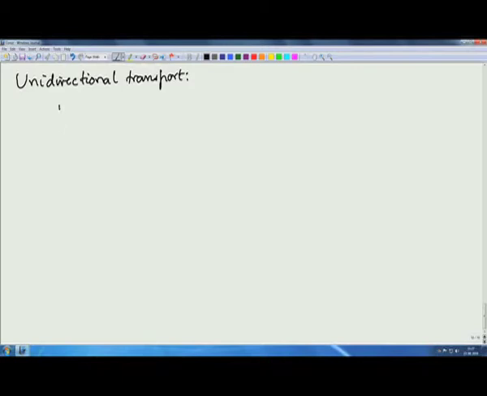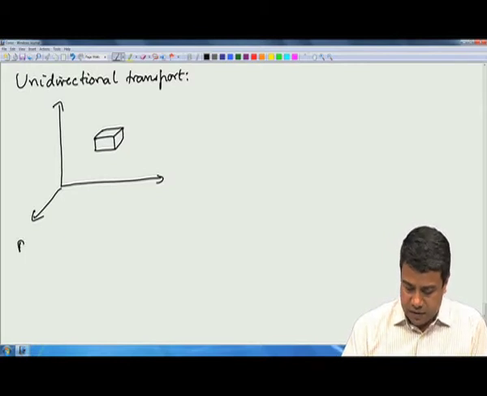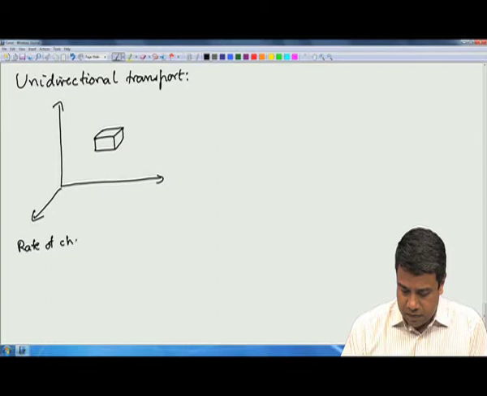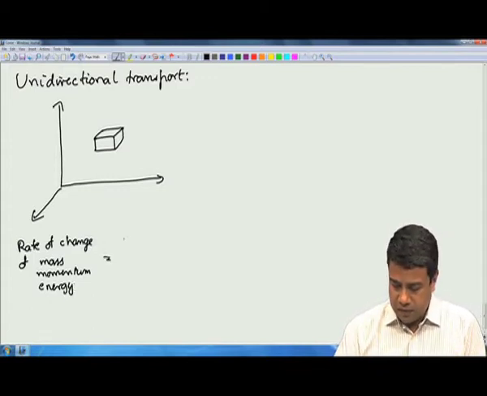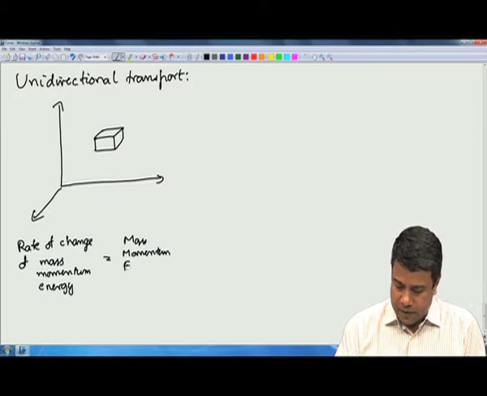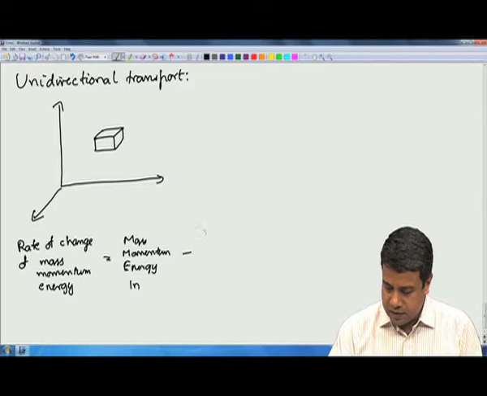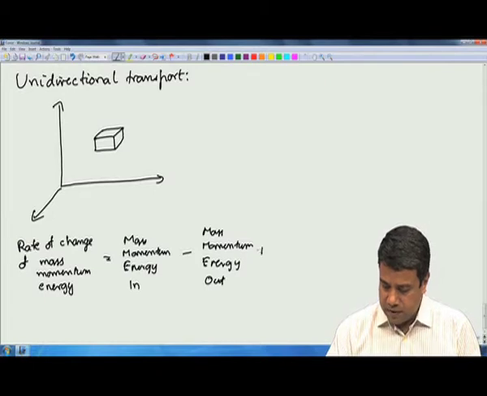So, what we will try to do is to write a balance equation for a differential volume, where we write the rate of change of mass, momentum and energy within a volume is equal to mass, momentum, energy in minus mass, momentum, energy out plus accumulation.